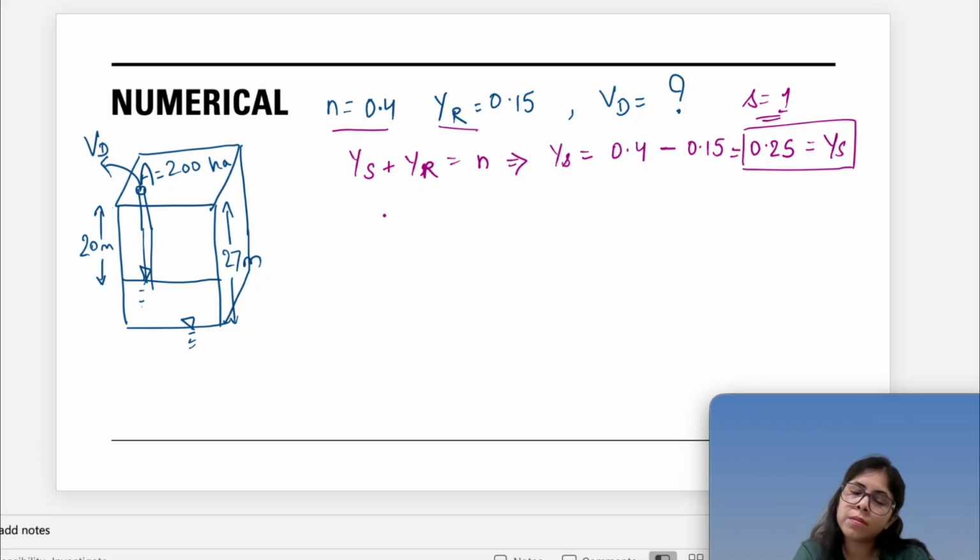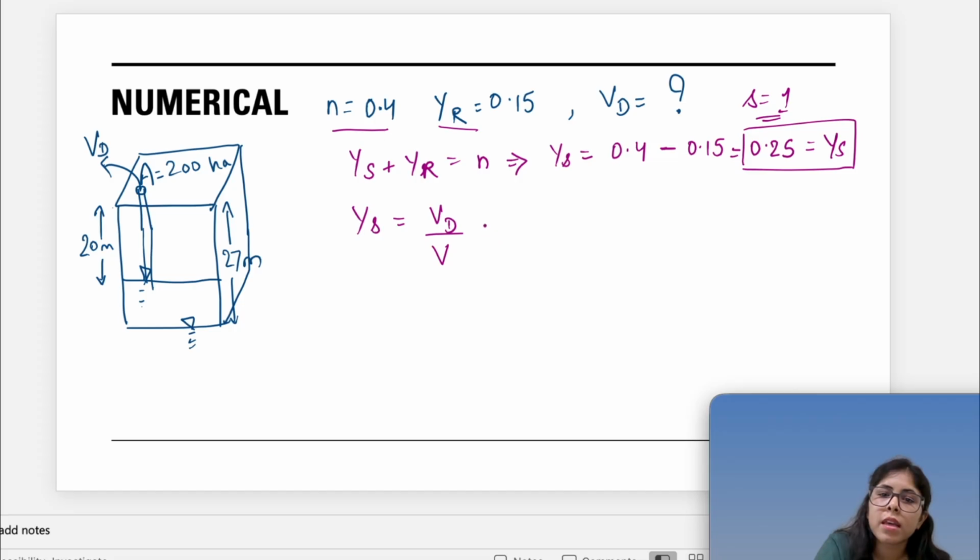And now we know from the formula that Ys, the specific yield, is nothing but volume drained upon total volume, right? So from this, can I say that Vd is Ys into V? And I have just calculated Ys, 0.25.